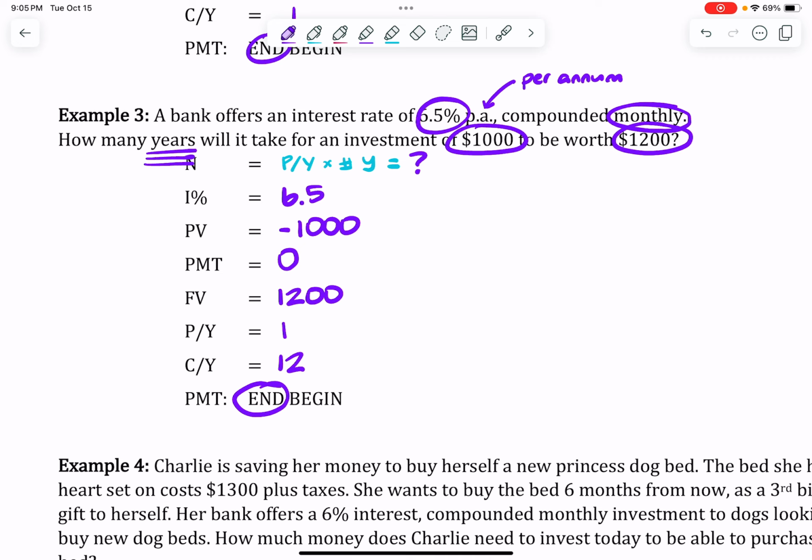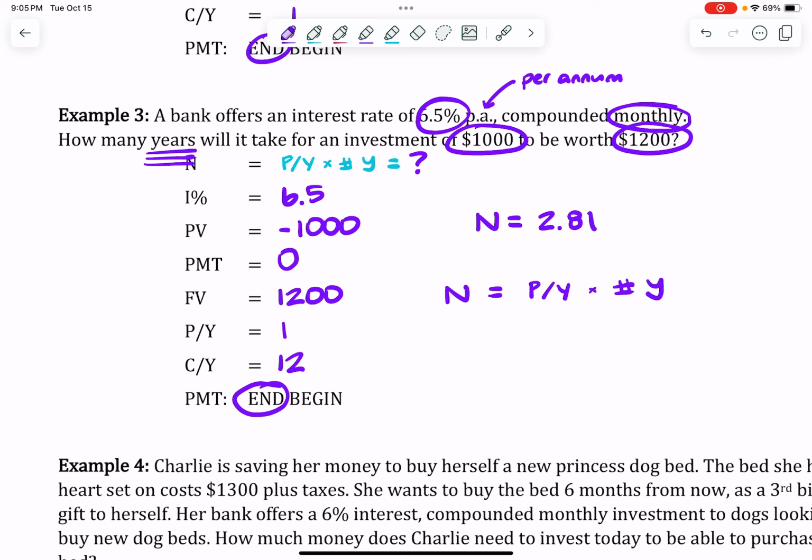So we are going to plug that in, and we should end up with an N value of 2.81. I've rounded it so far, but just hold off here. Okay. Now, something that I know is that N is equal to my payments per year times my number of years.